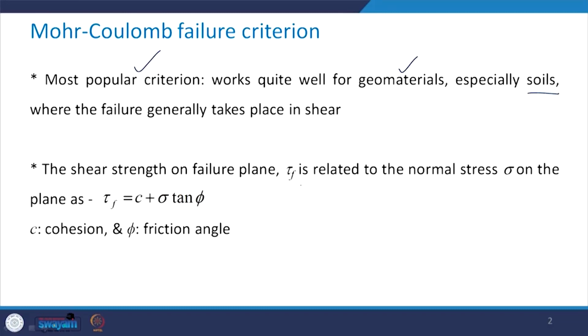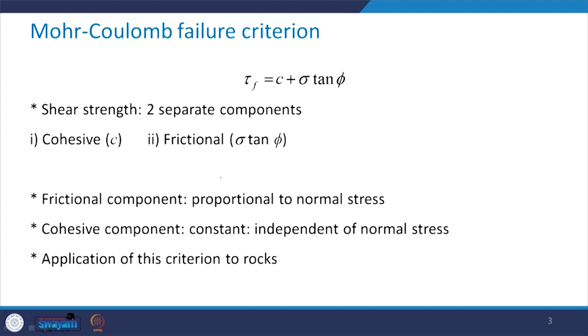As per the Mohr-Coulomb failure criterion, the shear strength on the failure plane, represented by tau f, is related to the normal stress sigma on the plane by the expression tau f equals c plus sigma tan phi, where c is the cohesion and phi is the angle of friction or angle of internal friction.